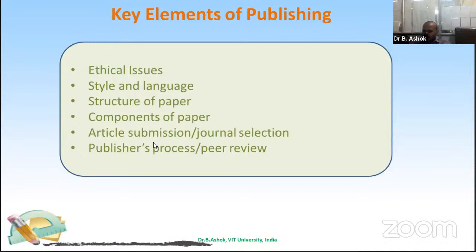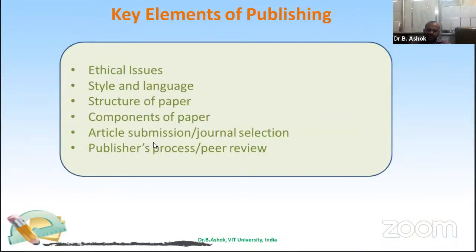Everything included in a paper, from the abstract to the end of the references, should be our own. At least it should not be copied directly from other works. So we need to properly follow those ethical issues.